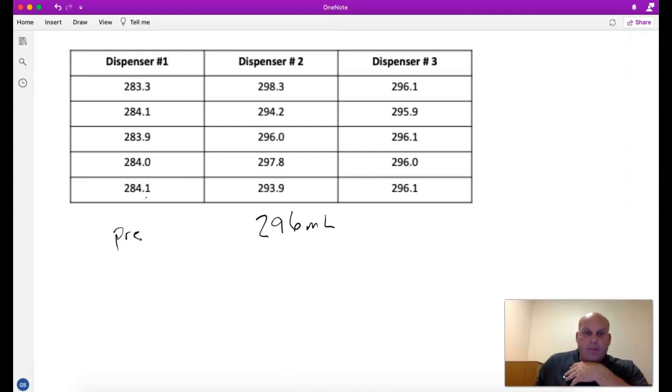So these are precise, but not accurate. In this case, they're closer to the accepted value, and when I averaged them out, they would probably be really close to 296, but that doesn't have great precision because I go from 293 all the way up to 298. So better accuracy, but less precision in the second dispenser. And in this third dispenser, you can see I have good accuracy and precision.